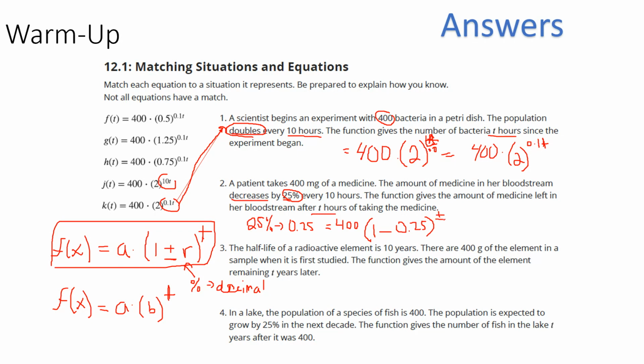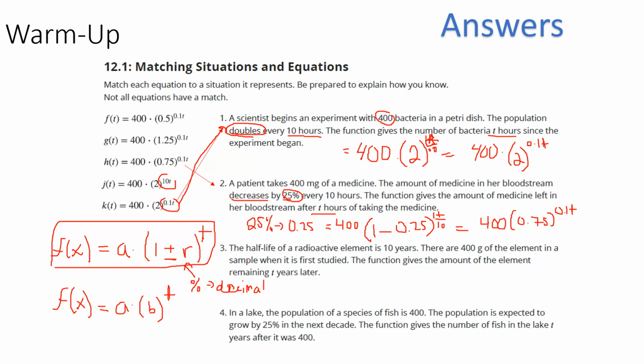When we reduce this, we get 400 times 1 minus 0.25, which is 0.75. When we reduce the fraction t over 10, that's the same as 1 divided by 10, which is 0.1t. And 400 times 0.75 to the 0.1t is equal to our H graph. You would do the same thing for the others.